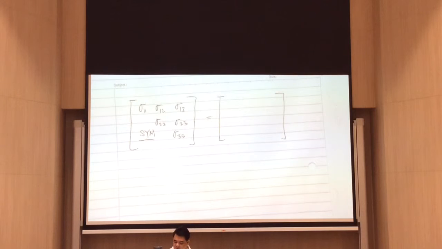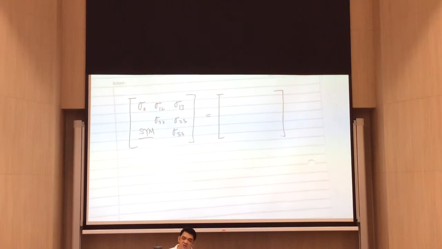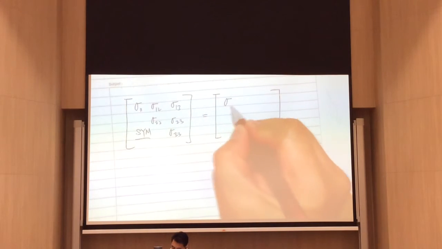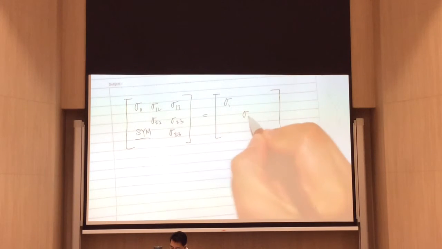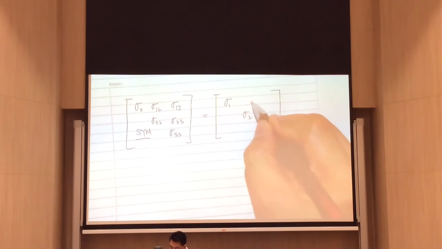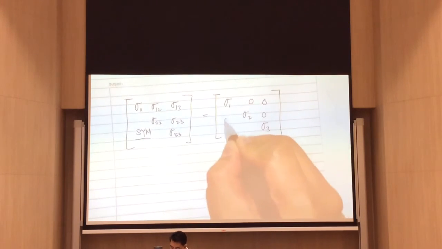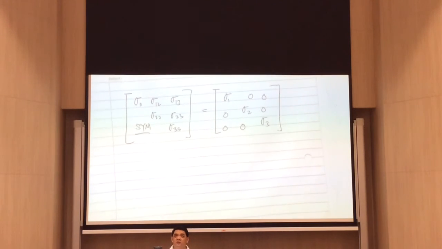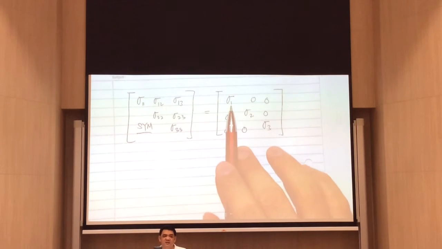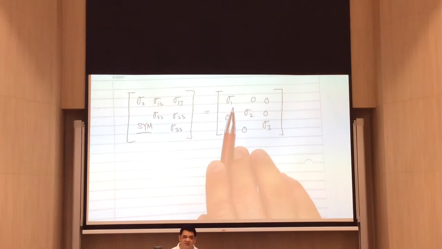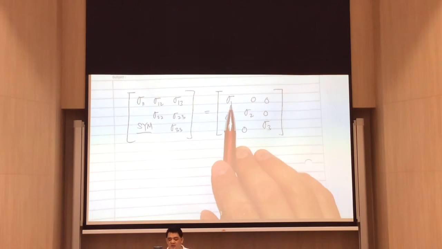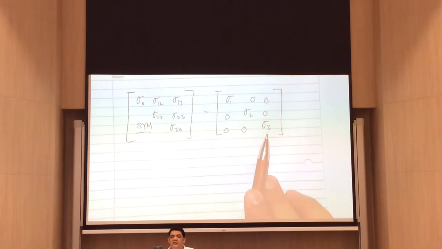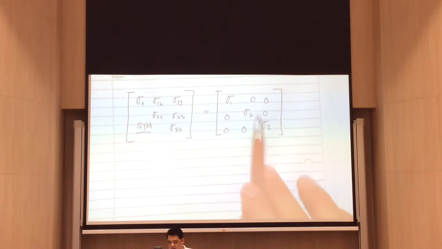So this one, like I said, we can rotate it in such a way that it will be equivalent to a sigma 1, sigma 2, and sigma 3. So here, sigma 1 is the maximum tensile stress, while sigma 3 is the maximum compressive stress acting on your structure, and sigma 2 can be in between sigma 1 and sigma 3.